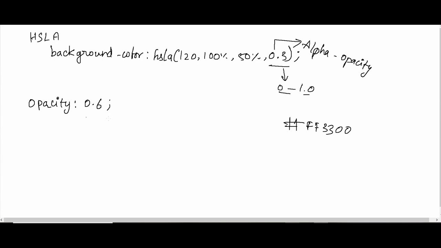You just give like this directly, and it will be applied for the color which is used before. If I used background color simply red, a direct color, this opacity 0.6 will be applied for this color.